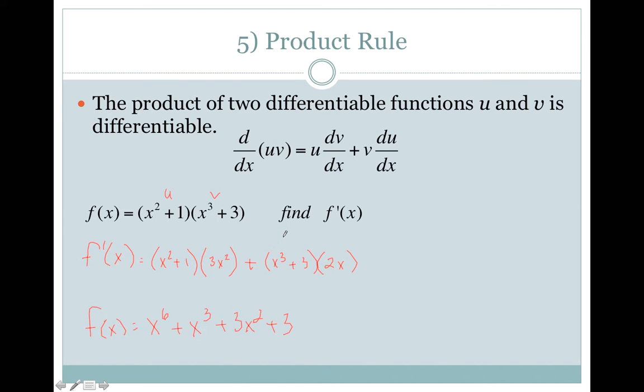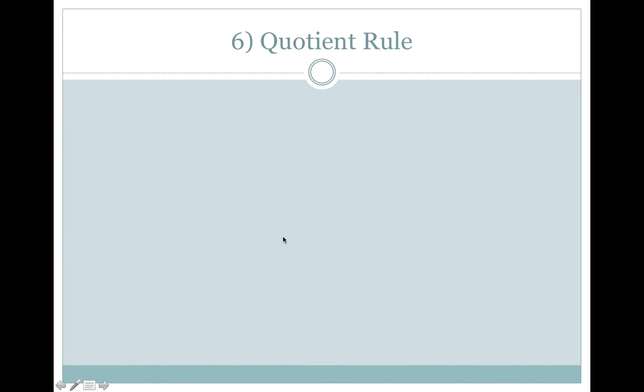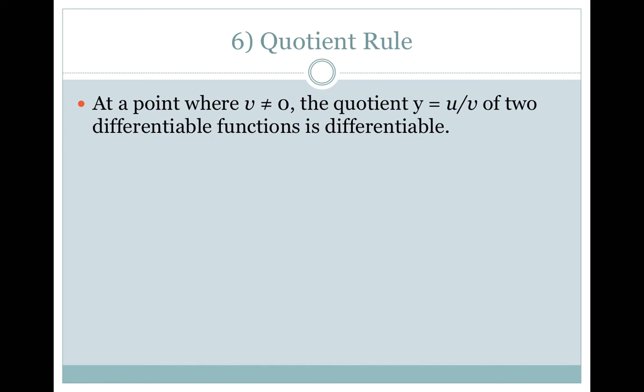All right, products wouldn't be anything without quotients. So we also have a quotient rule. This one's going to look a little bit complex, but it's not that bad. As long as you don't get v equal to 0, that's my denominator.